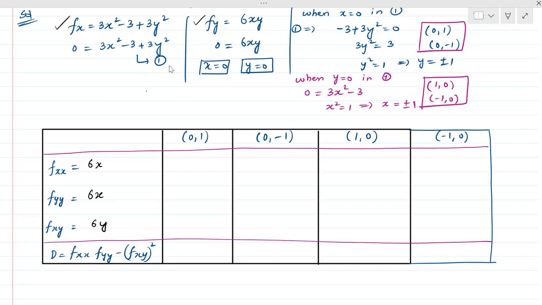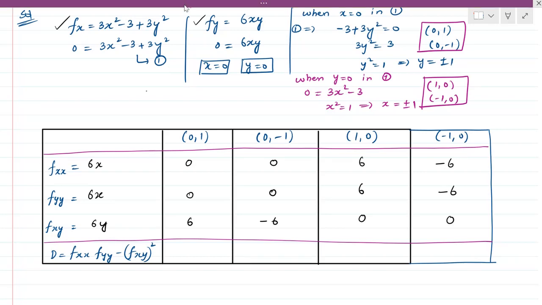At x = 0, y = 1: fxx is 0, fxy is 0, and fyy is 6. Next, x = 0, y = -1: fyy is -6. Next, x = 1, y = 0: fxx is 6, fyy is 0. Next, x = -1, y = 0: fxx is -6, fyy is 0.